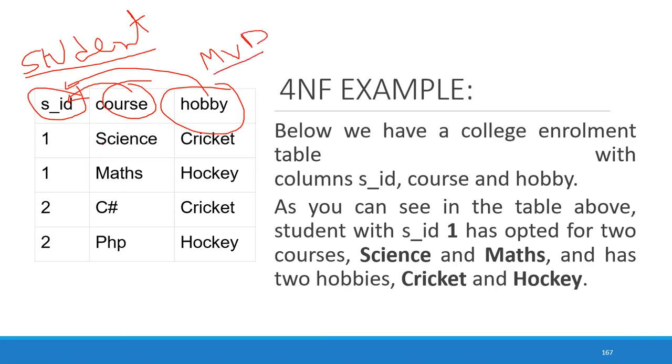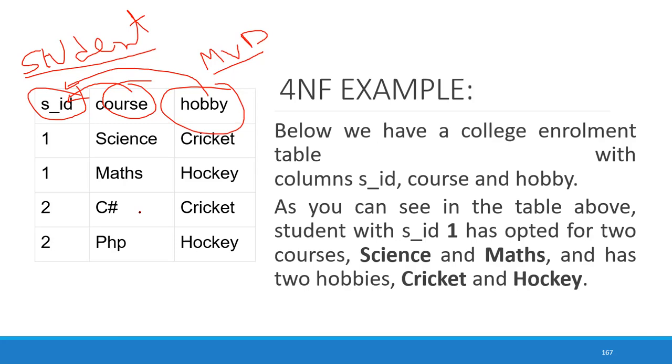Here you can see student ID 1 has courses science, math, and programming languages C, C-sharp, and PHP, and student hobbies are cricket and hockey. Hobbies are different, courses are different, so there is no relation between these two attributes, though both describe the student.